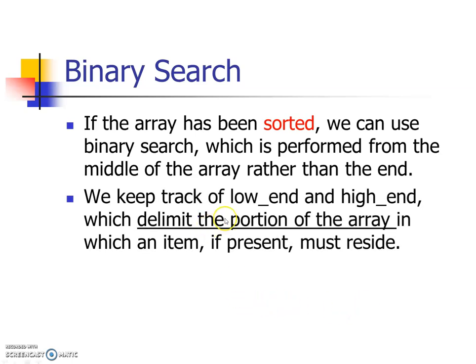Because we know it's sorted, if we look at the middle of the array, we can understand whether the value of x is going to be on the left side or the right side of the array. We are able to minimize the search: if it's on the left side, we don't need to search the right side.